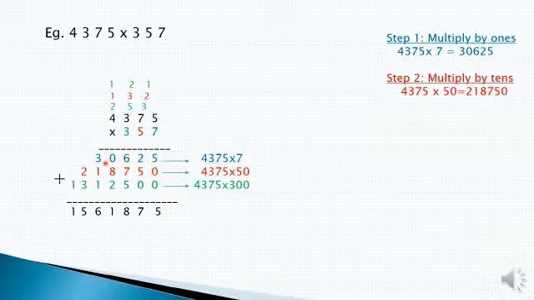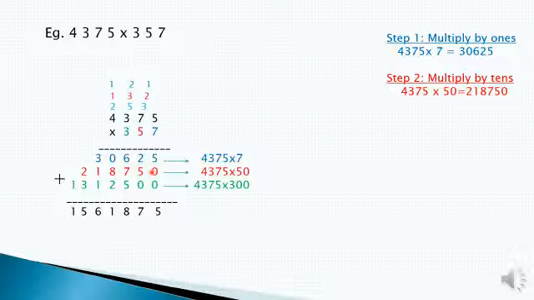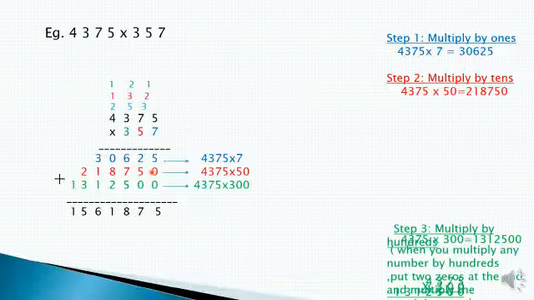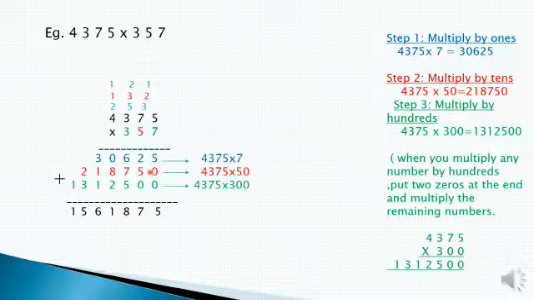The second step is multiply by tens. That is 50. When you multiply any number by tens, put one zero in the ones place and multiply the remaining number, that is 4375 by 5. You get the answer 21,875 and here 1 0. And the third step is multiply by 100. That is 4375 by 300.